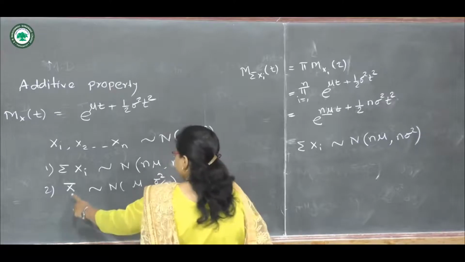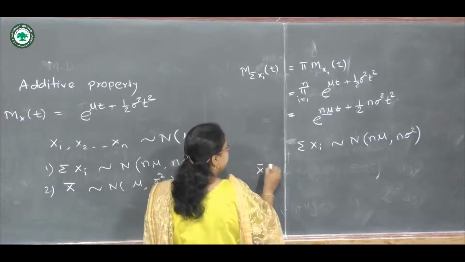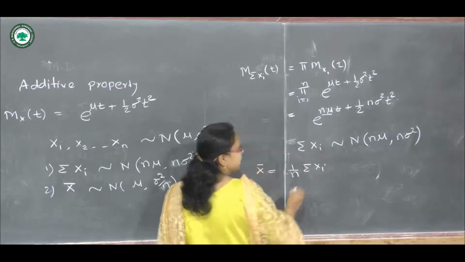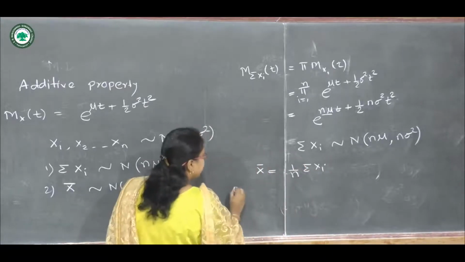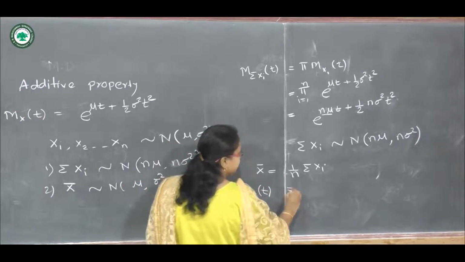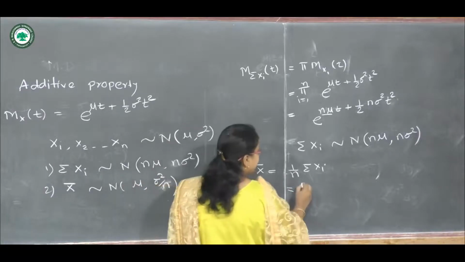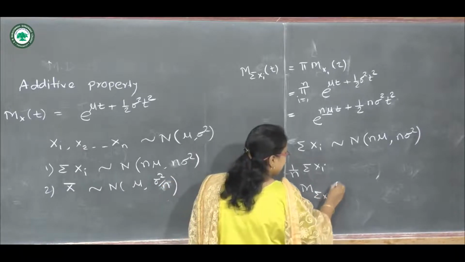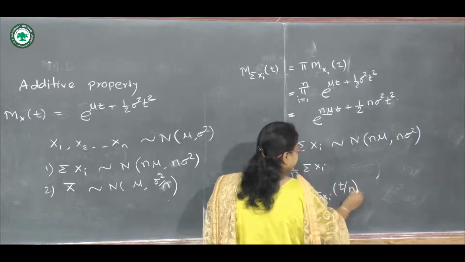Then to prove the second result, we have the formula for x bar, which is 1 upon n summation xi. So we can write M x bar of t. This can be written by using the property of MGF as M summation xi of t upon n.